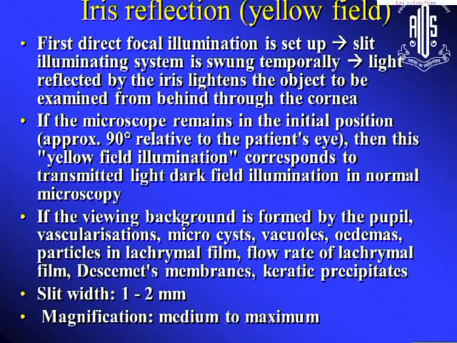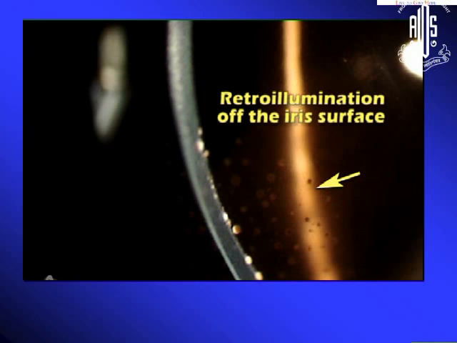Now, as I said, this reflection can be from the surface or from the fundus, from the retina, or also from the iris or the lens. Based on that, you can have different examinations, and usually the iris reflection is known as yellow field examination, and from the lens is the white field examination.